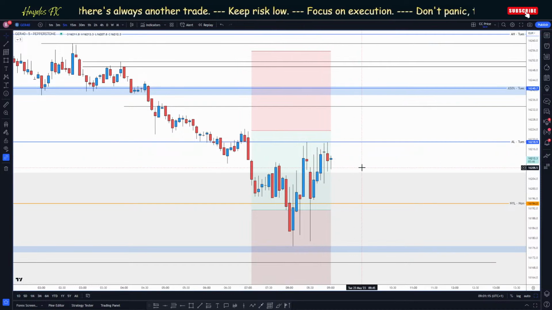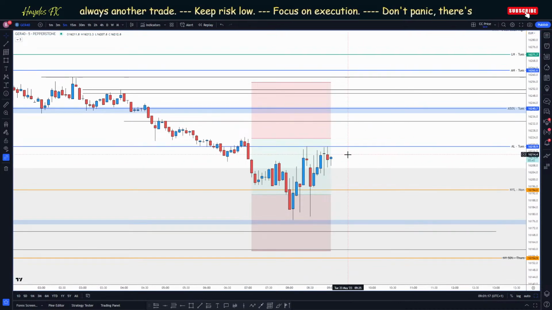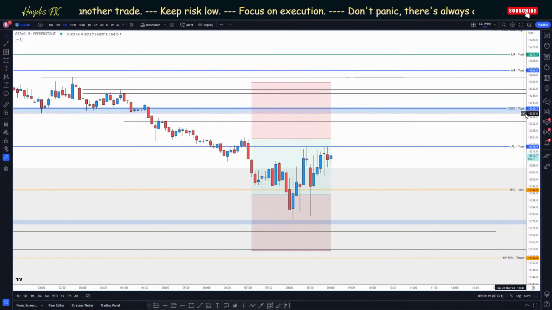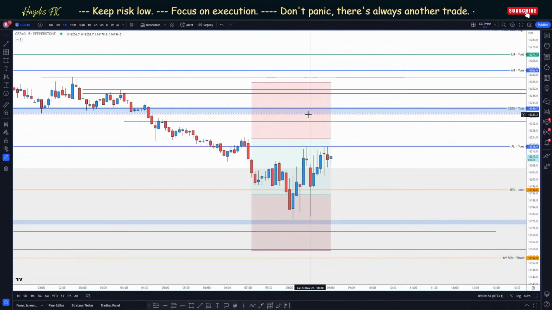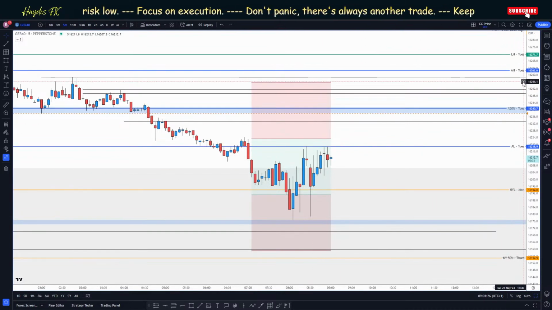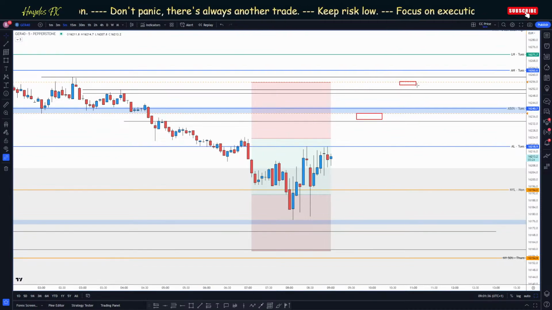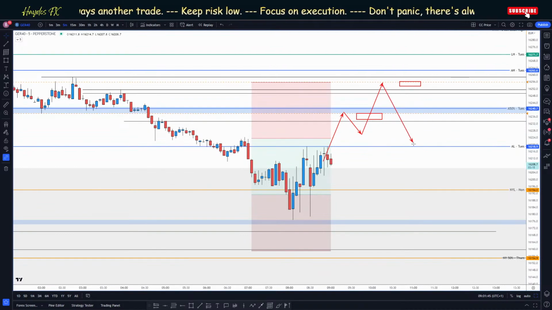just watch paint dry. So what I'm gonna do is I'm going to set an alert at this level. Multiple levels. These are going to be my potential sell zones with price action. And if it does something like this, then potentially this will be another sell zone.